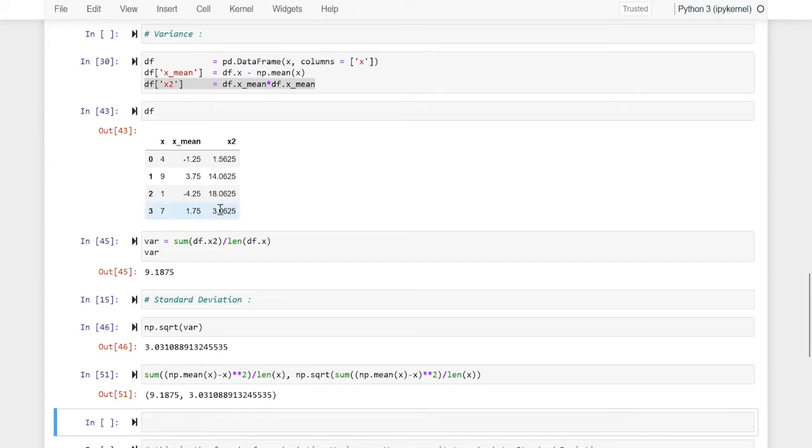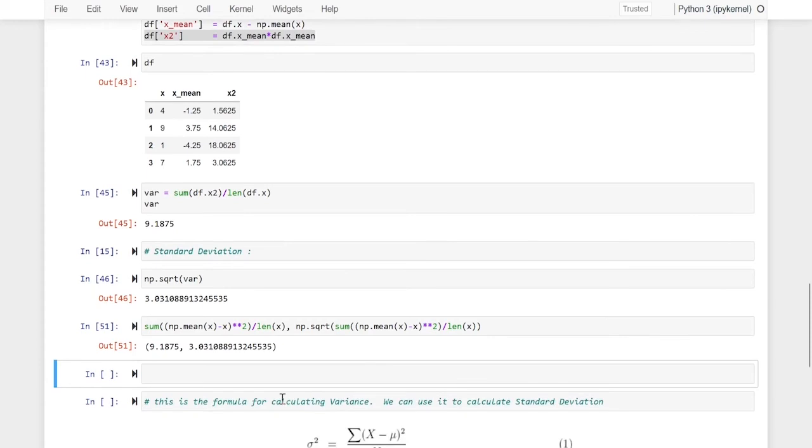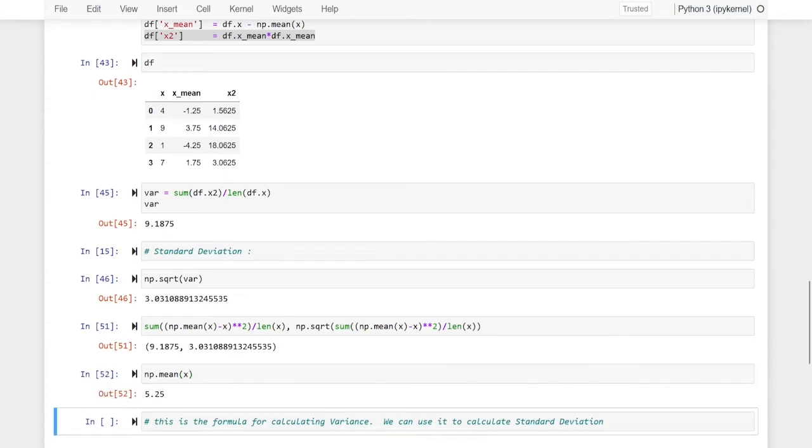We create a data frame. We have used this syntax to get variance and standard deviation, but there is absolutely no need to reinvent the wheel. We already have all these things. We have mean, yes, mean is available.